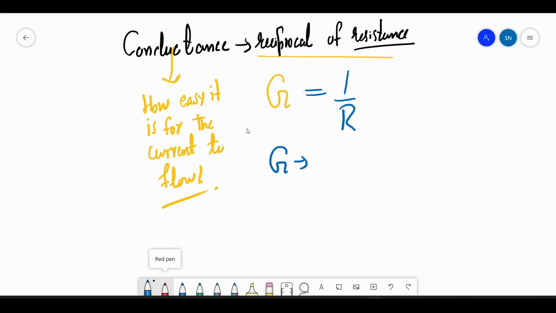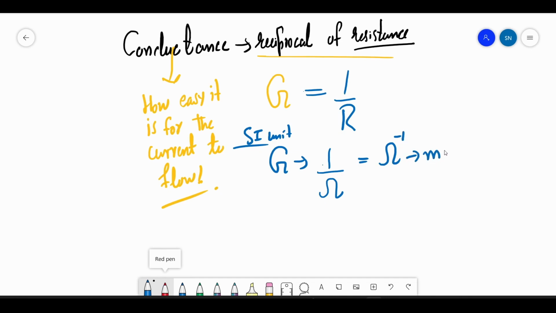So what would be the SI unit of G? Sir, G is equal to 1 by R, so that means G into R is equal to 1. The SI unit of R is ohm. So can I say that it's ohm inverse? Yes, sir.